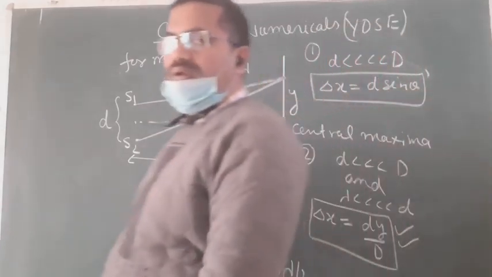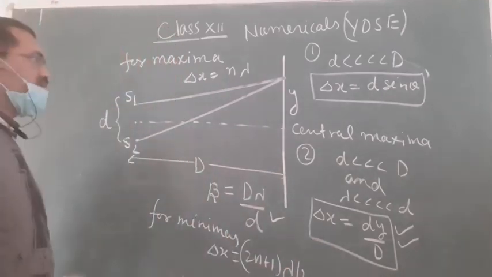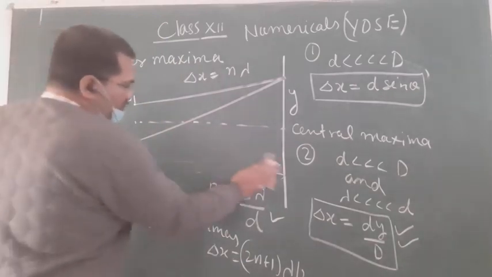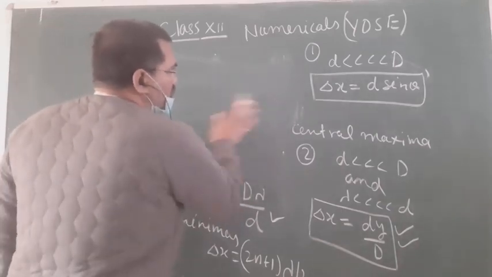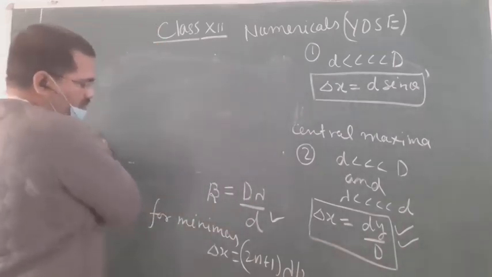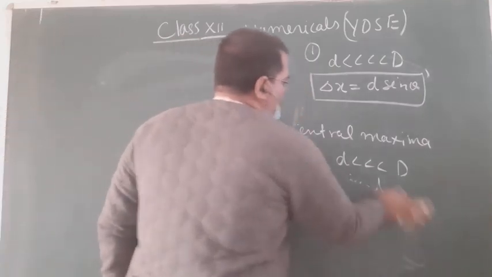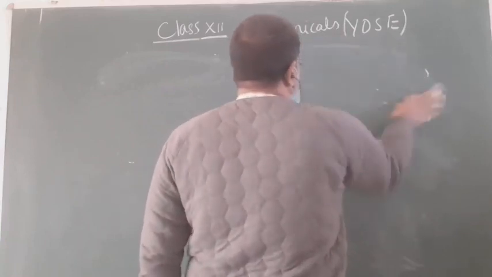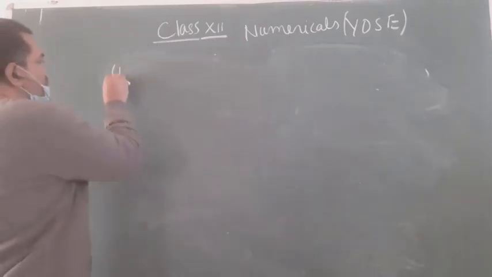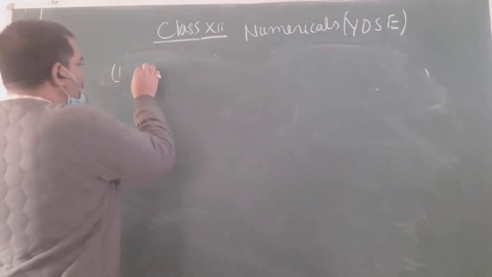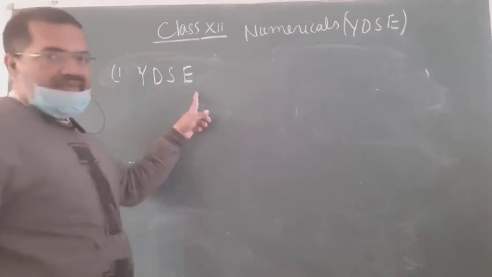So now we move on to numericals. First question: YDSE is Young's double slit experiment.